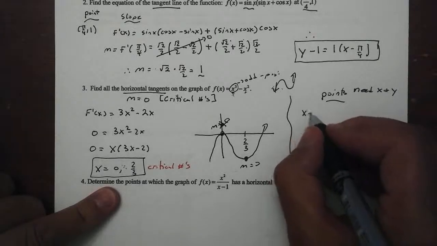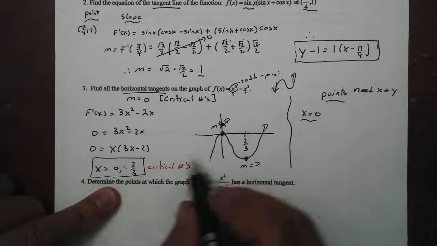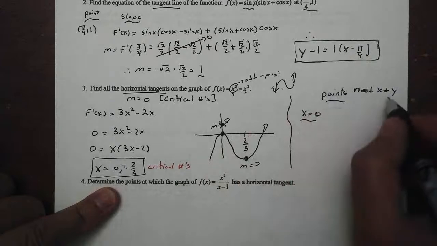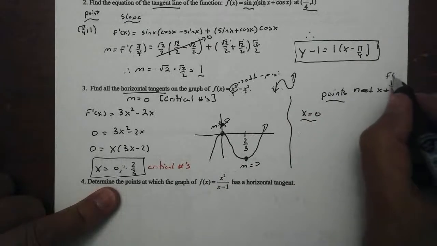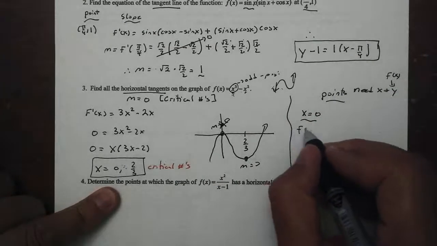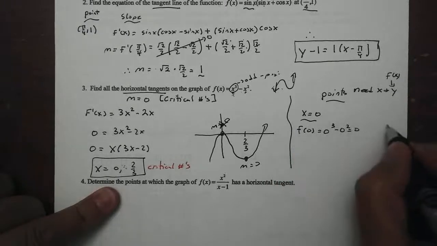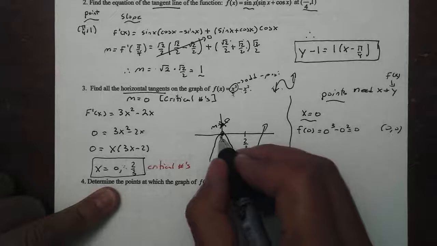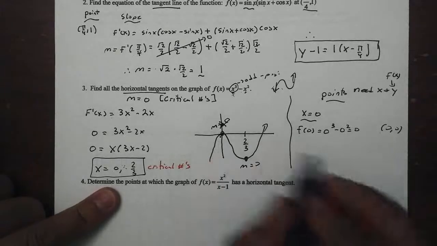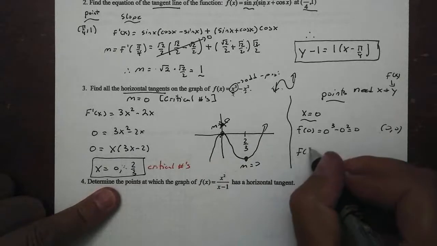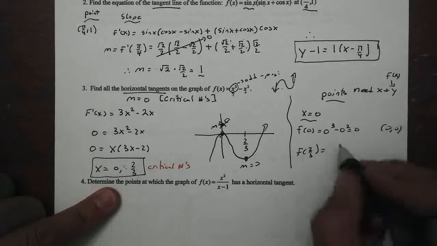So the first one we have is x equals 0. Well, if I plug x equals 0 into my function, f of x, I would find f of 0, 0 cubed minus 0 squared, which is 0. So we have 0, 0. There's the graph right there. And if I want to find f of 2/3, okay, this is where the fun begins.